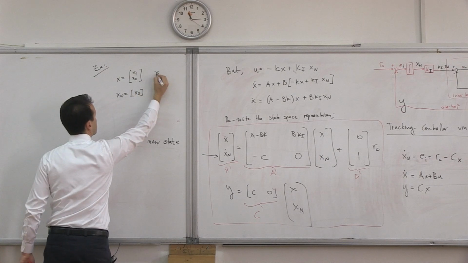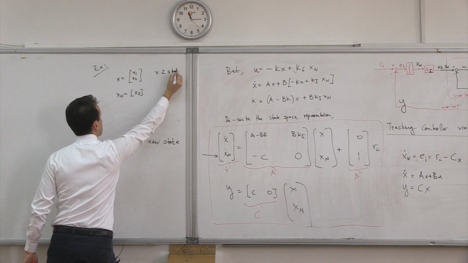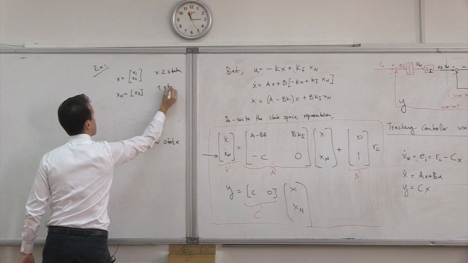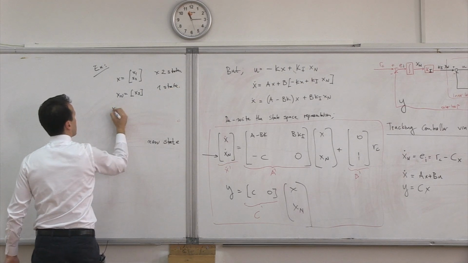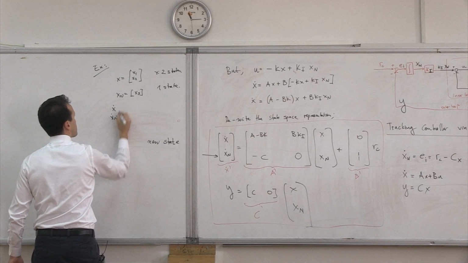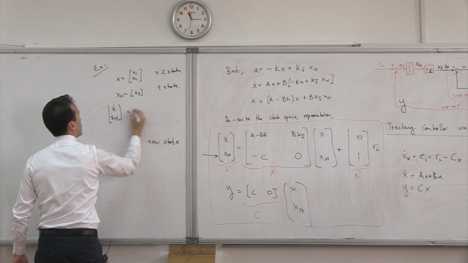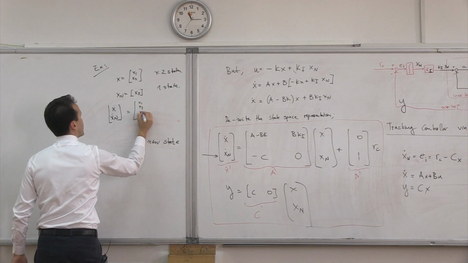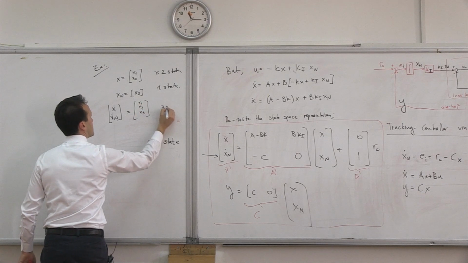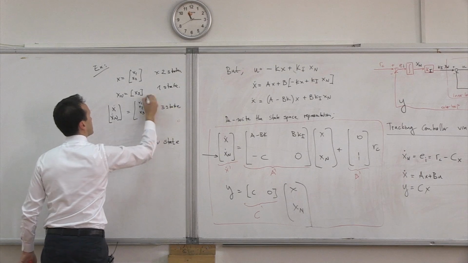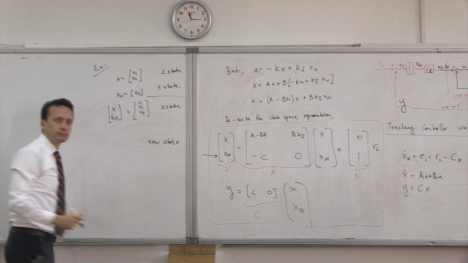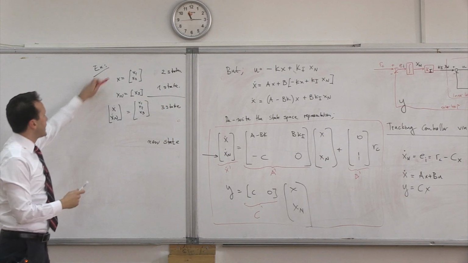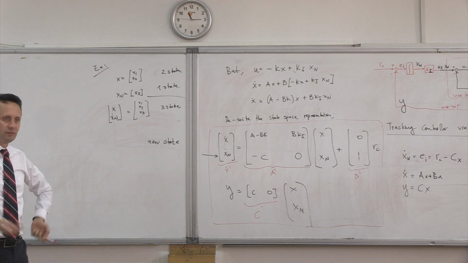2 states, 1 state, X and Xn will be X1, X2, X3, 3 states. Okay? So X and Xn don't have to be the same state at all.